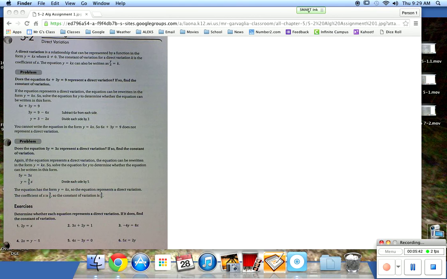The key to remember on direct variation is you have to get it to an equation like this, and this here is your coefficient. This can be any number. It doesn't matter. It can be a decimal, a fraction, a whole number, a negative number. It doesn't matter, but you can only have it in this form. That k can be any number.